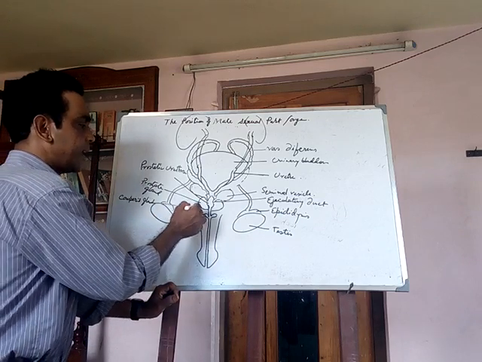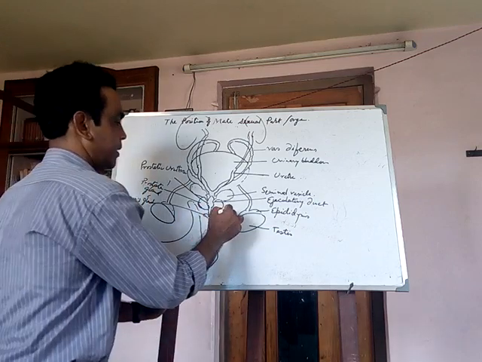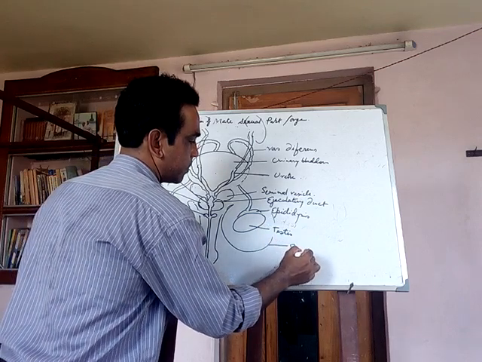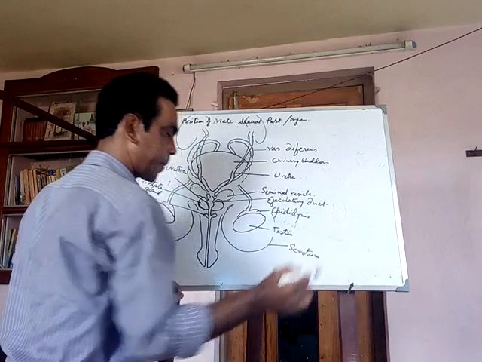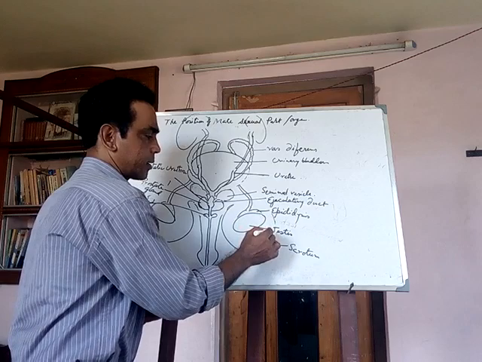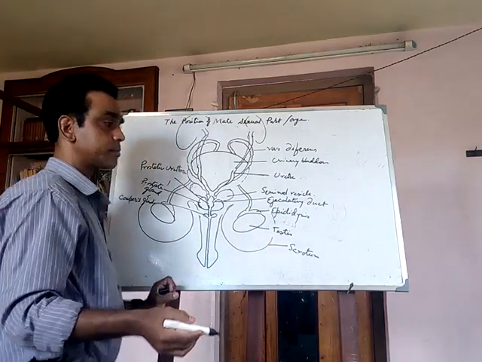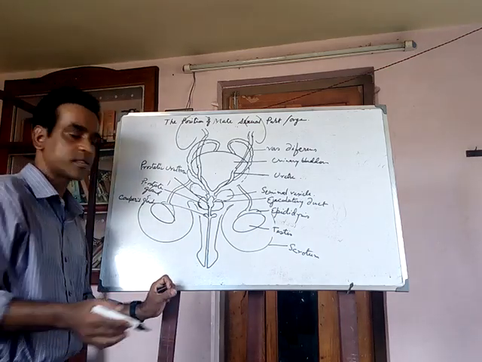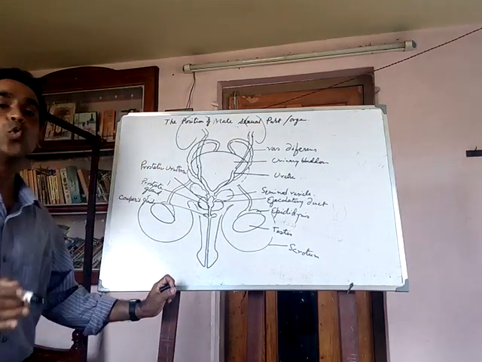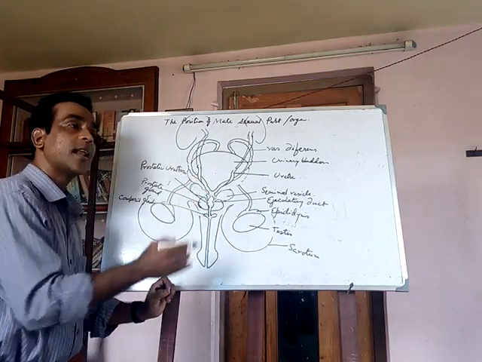Here is the testis. The sac covering the testis is called the scrotum. Scrotum sacs are made of seven layers, that is the skin, dartos, and so on. The inner layer is divided into two sublayers, the visceral layer and the parietal layer.